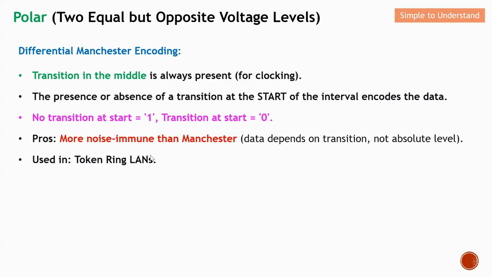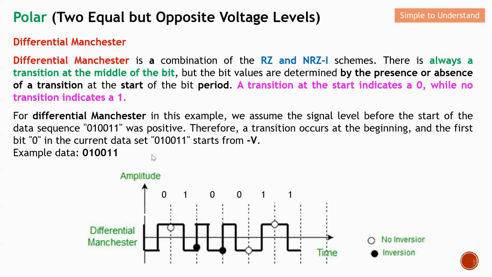Let's come to a little more description of differential Manchester. Differential Manchester is a combination of return to 0 and non-return to 0 inverted. With return to 0, there is always a transition in the middle of the bit. As you can see from here, there will be a transition in the middle of the bit.